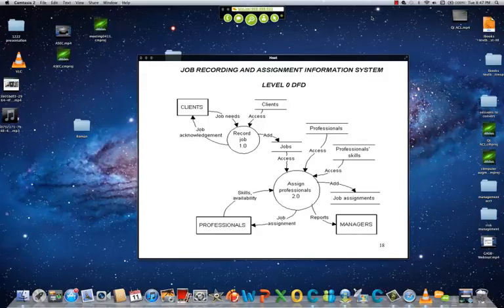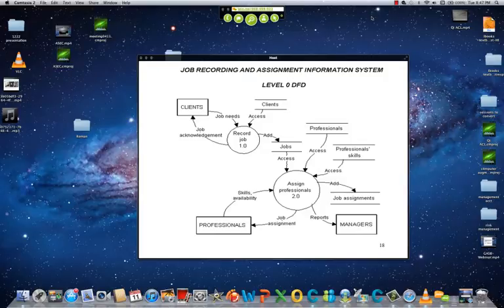So you have professionals, right? And how do they contribute? Well, they basically give information about their skills and availability to this process. So this process assigns jobs to professionals and creates reports to managers.